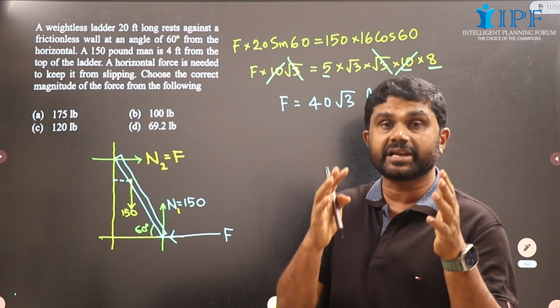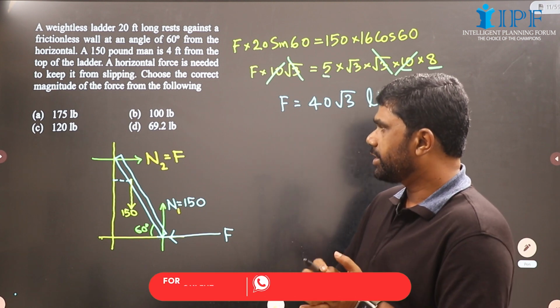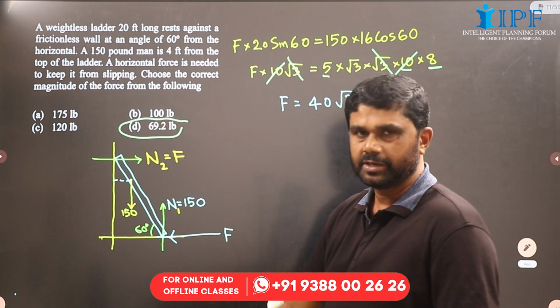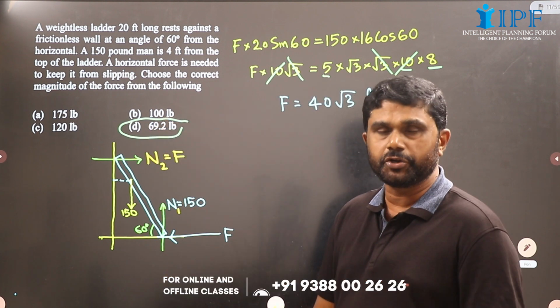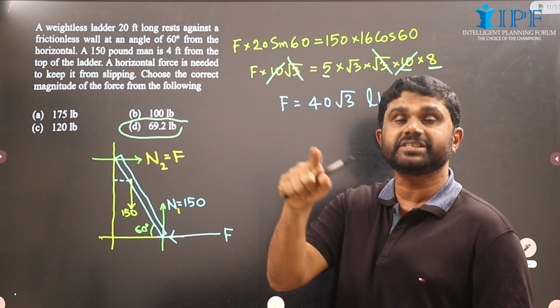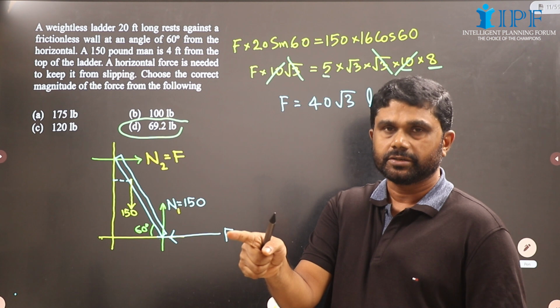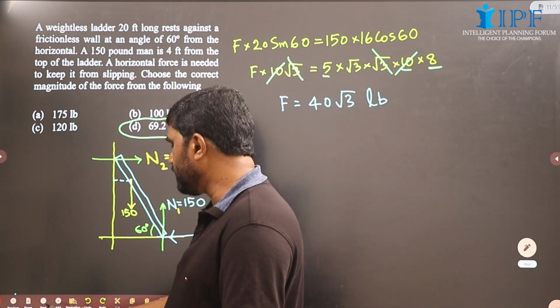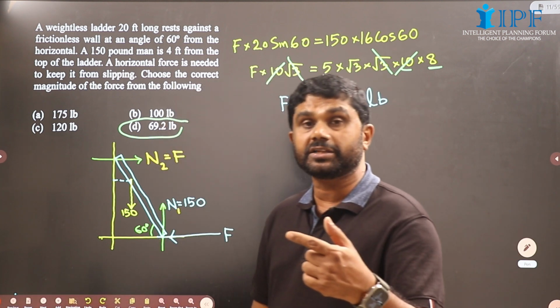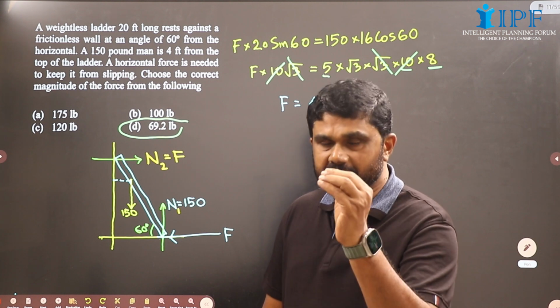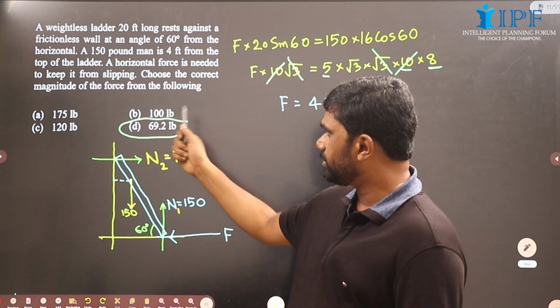So approximately 70 pounds. We have the beautiful answer. Approximately 70, as I told you, because it is actually 17.3 but I have taken 17.5. So the actual answer will be slightly smaller than what we are getting. We have got 70, and the answer will be slightly smaller than 70.